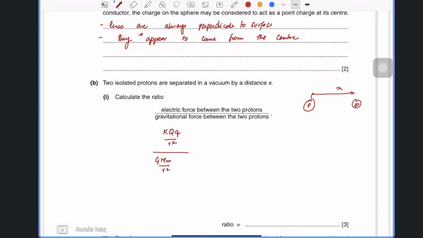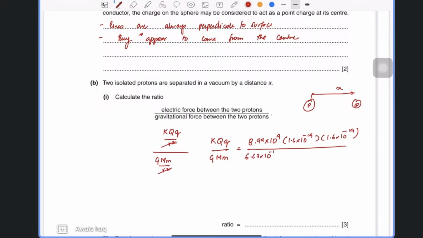Now, if you notice, both distances are the same, so these will cancel out, leaving you with KQQ over GMM. Now we need to find the ratio. So K will be 8.99 times 10 raised to the power 9, and Q will be 1.6 times 10 raised to the minus 19, and then 1.6 times 10 raised to the minus 19, divided by G, which is 6.67 times 10 raised to the minus 11.